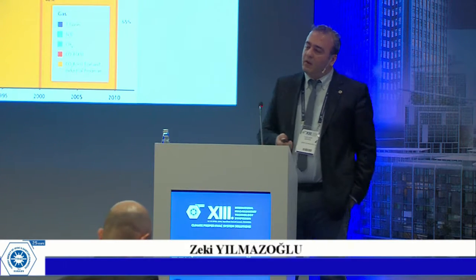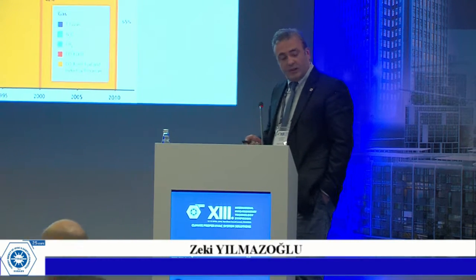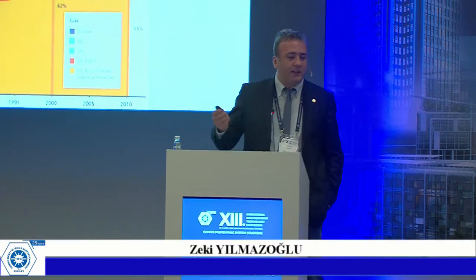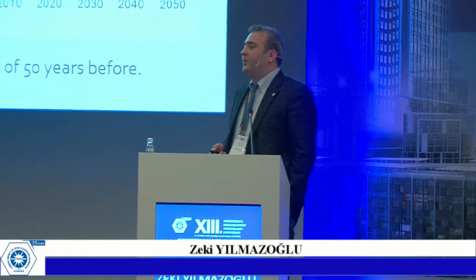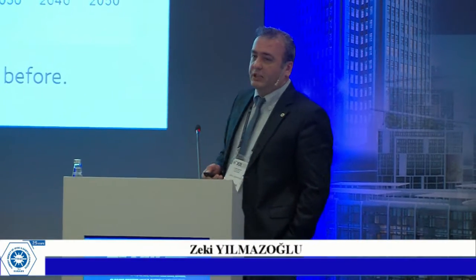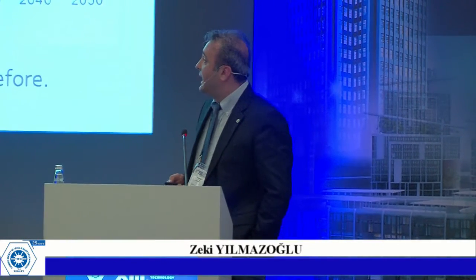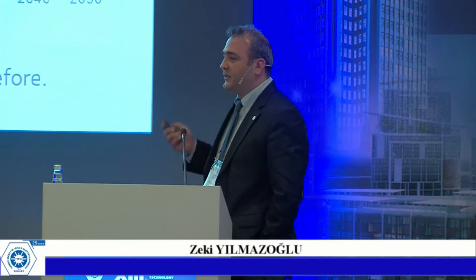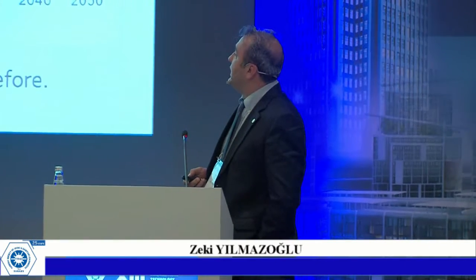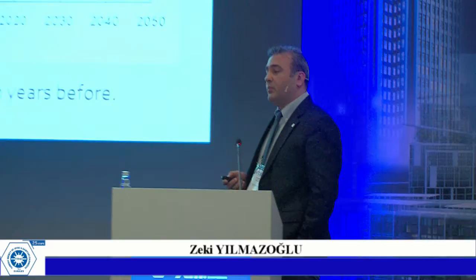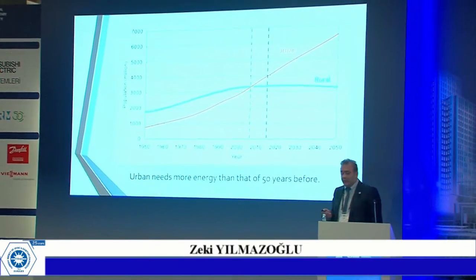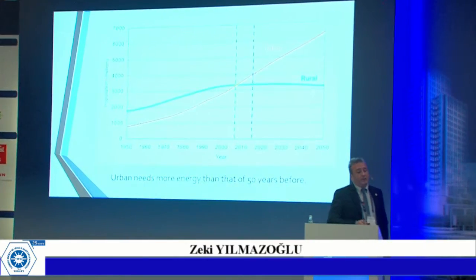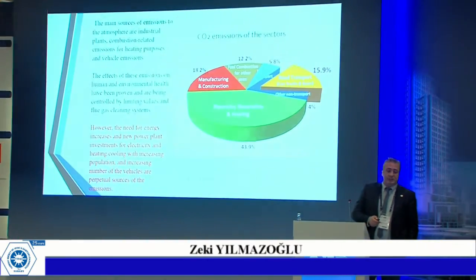If we start with the global warming case, as you can see, greenhouse gases increase in the atmosphere. But also the urban population and rural population have a trend as shown in the slide. And as you can see, for the projection of 2050, the urban population will be double the rural population.